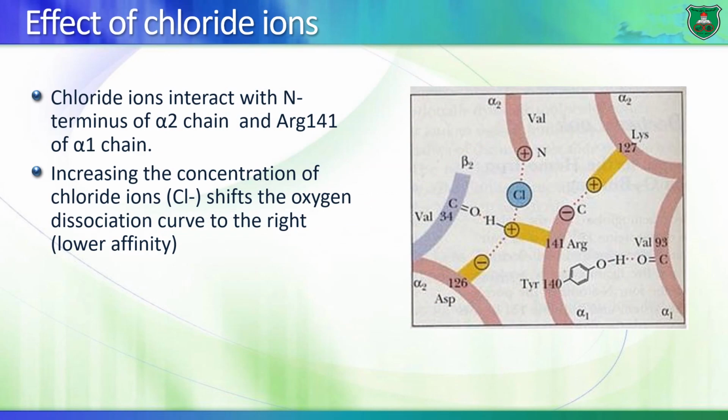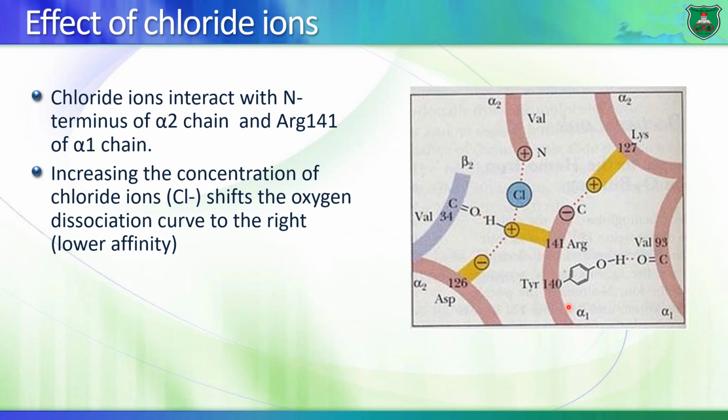So here's what happens. This is what chloride ions do. Once they increase in level inside cells, they form electrostatic interactions with the N-terminus of the alpha-2 chain, and chloride ions can also form electrostatic interactions with the R chain of arginine 141 of the alpha-1 chain. This arginine is the very last amino acid in the primary structure of the alpha-1 chain.